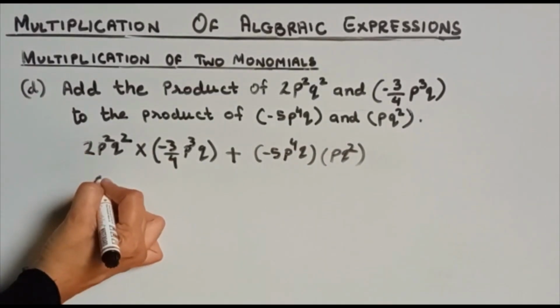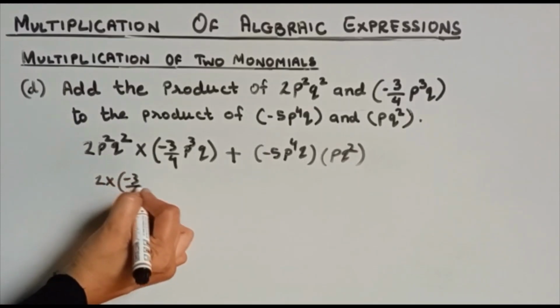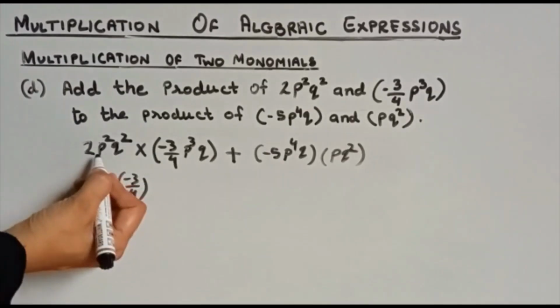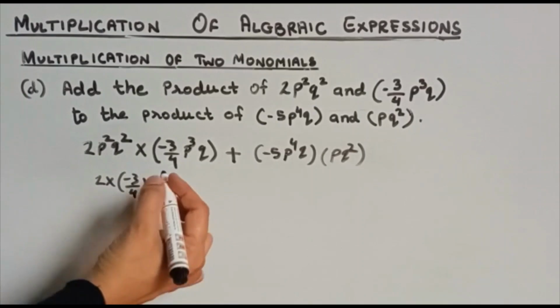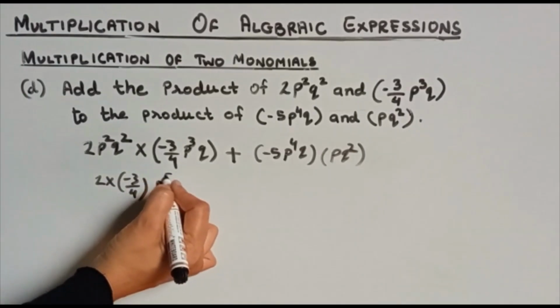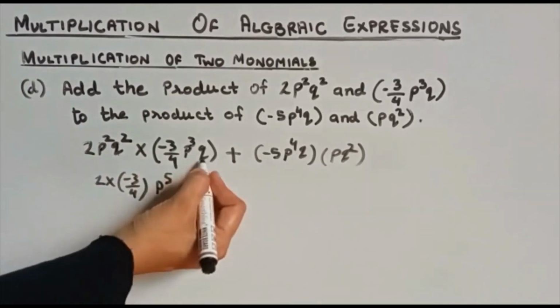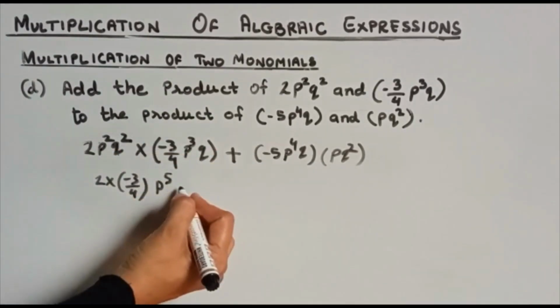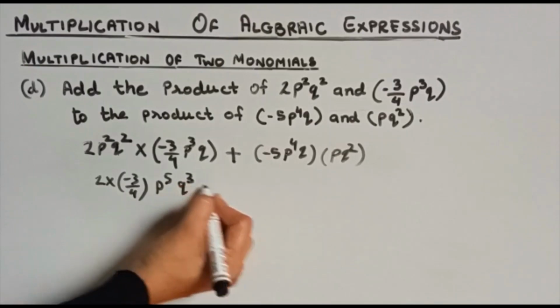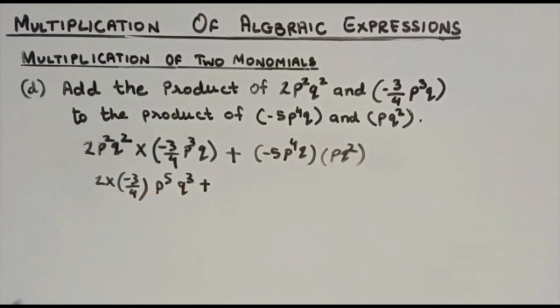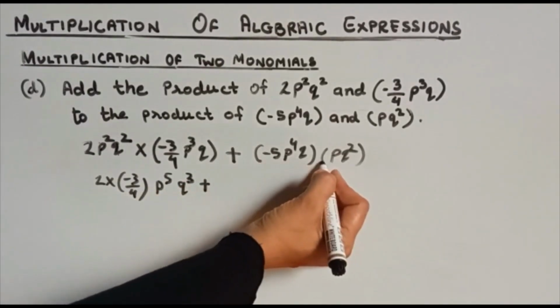Constant together, 2 into minus 3 by 4, p raised to 2, p raised to 3. So this will become p raised to 5. Base is same, add the powers. q raised to 2 and q raised to 1 will become q raised to 3. Plus sign, 5 ones are 5.